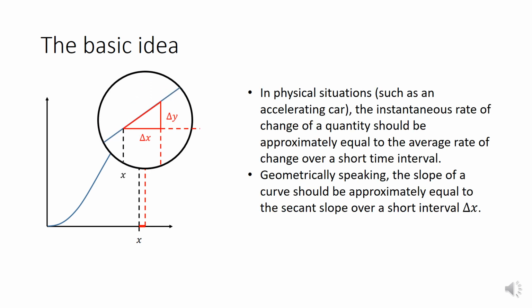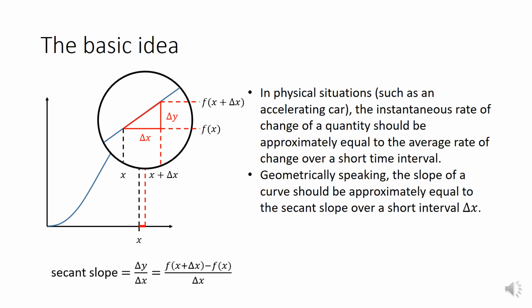As we move from x to x plus delta x, the function value changes by delta y from f of x to f of x plus delta x. So the secant slope is the rise delta y over the run delta x, or f of x plus delta x minus f of x over delta x.